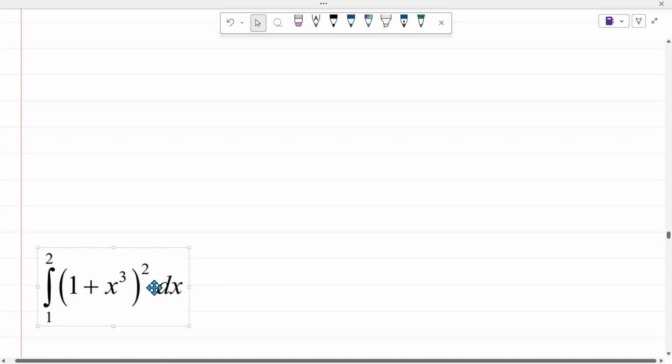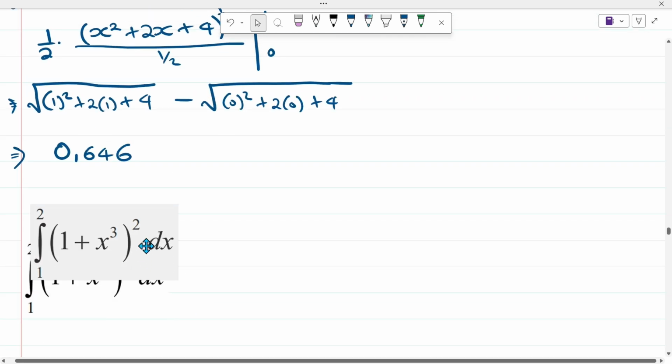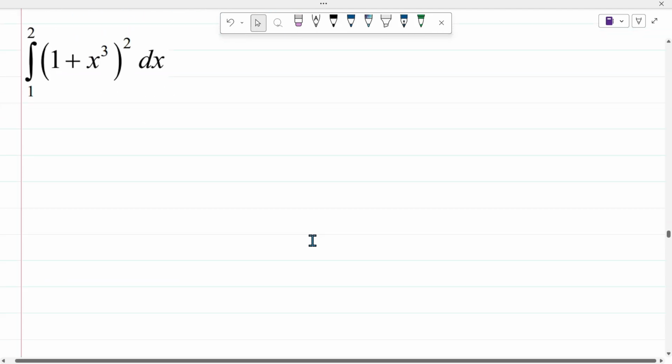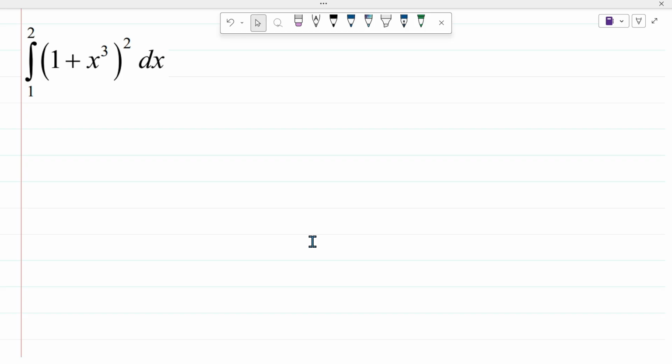So we now have the integral of 1 minus x cubed all to the power of 2 dx. So we're going to do what? First ask ourselves, can we simplify this?